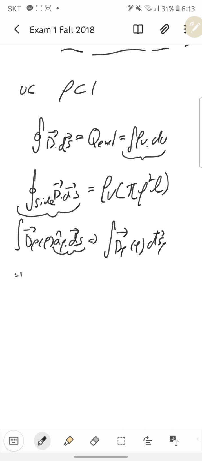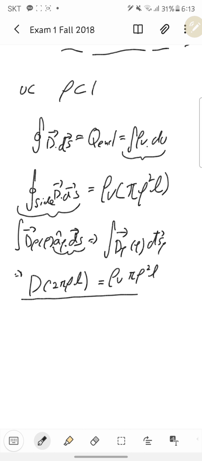The flux for this cylinder would just be D times the area of the side. And this equation would work for the 3 cases.